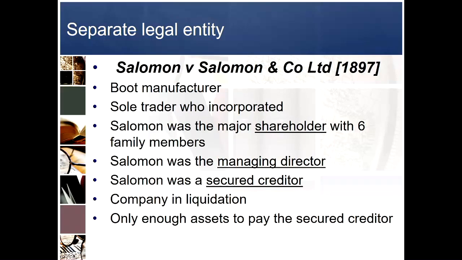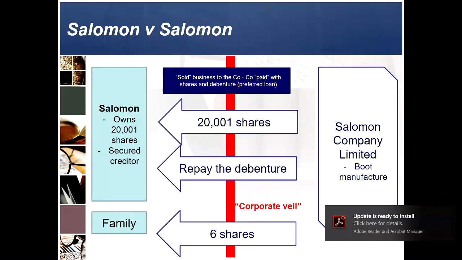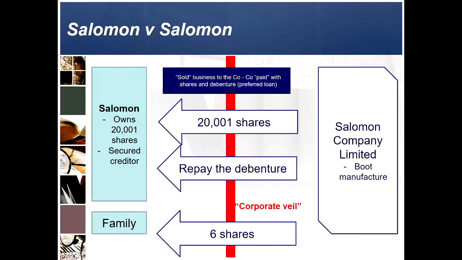so that the company could pay Mr. Salomon. And hence why, if we look at this case, you see there I said that Mr Salomon was the major shareholder of the company, he was also the managing director of the company, and he was also a secured creditor. So I've tried to illustrate that in this slide here, that we've got a company here, got Mr Salomon.